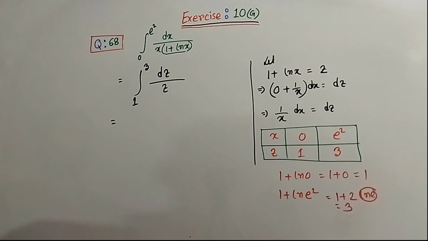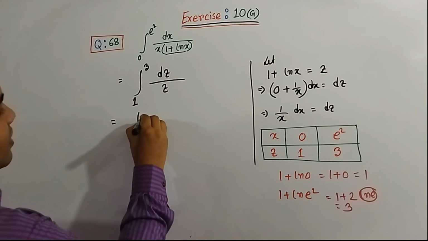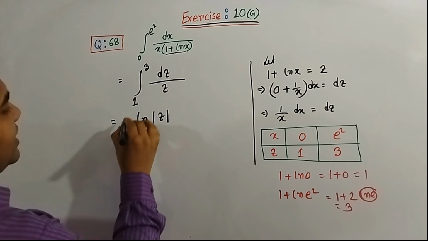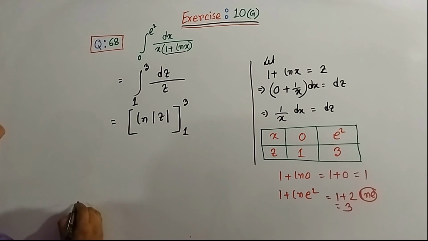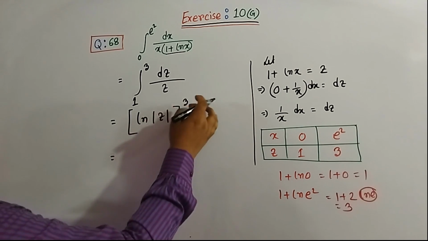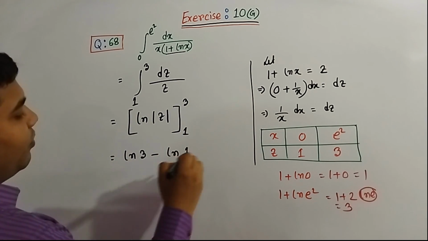So we know, my dear students, the integral of 1 by z dz is nothing but ln z, with 3 and 1 as the limits. The upper limit comes first, so ln 3 minus ln 1.